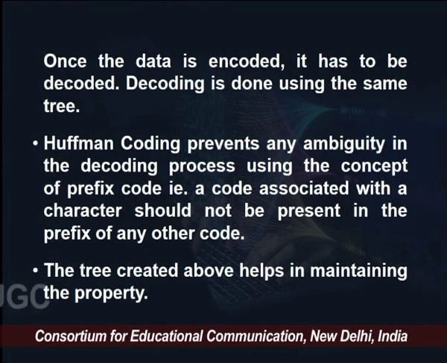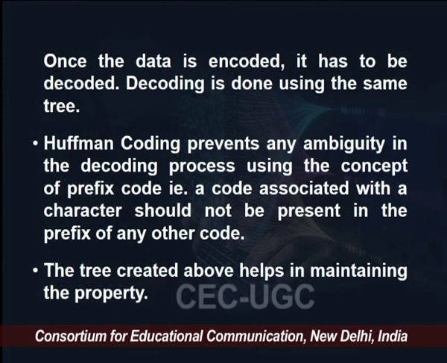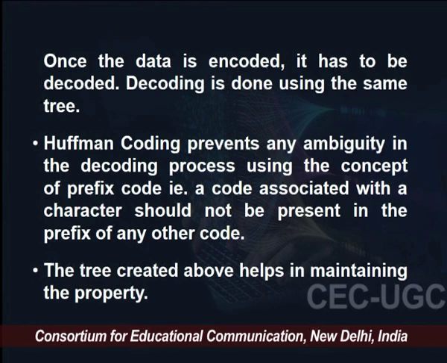Huffman code prevents any ambiguity in the decoding process using the concept of prefix code. A prefix code means the code associated with a character should not be present in the prefix of any other code.